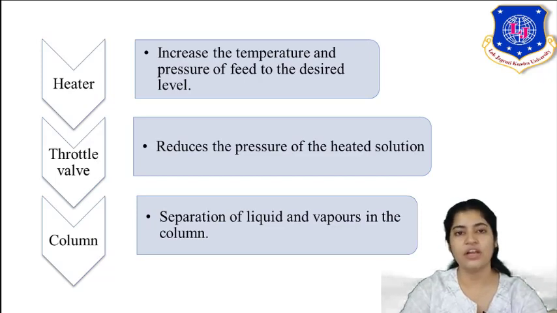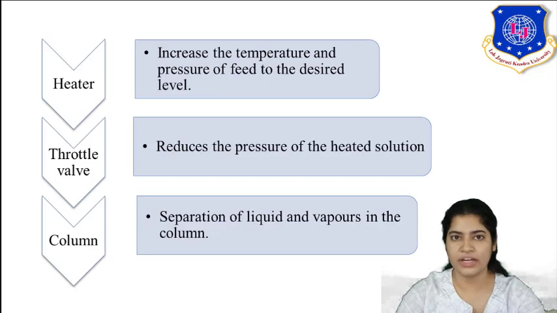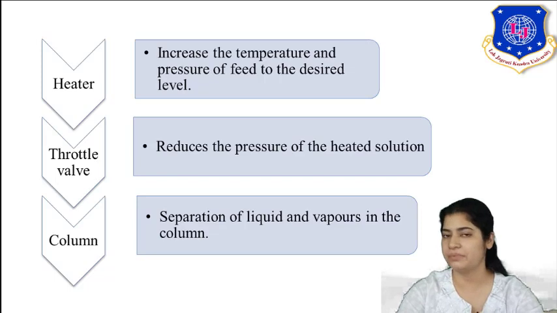What happens in the column? Separation of liquid and vapors. Now note down that for the separated liquid and vapors, the mole fraction of the more volatile component is, suppose, 0.7 in the vapor phase and 0.5 in the liquid phase. So 0.7 and 0.5 are now equilibrium conditions. No further separation can take place.